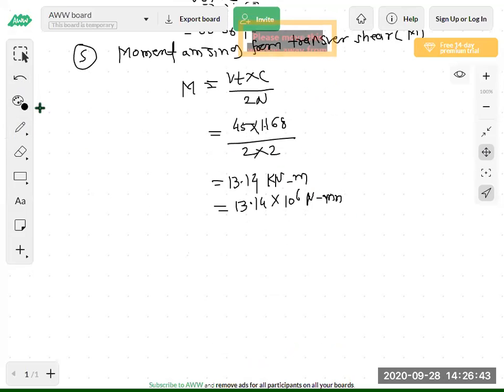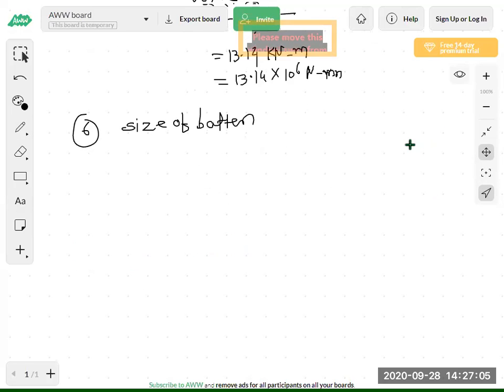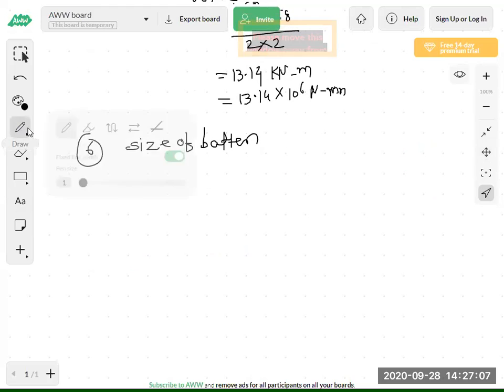Now number 6, design of, or size of batten, sorry, size of batten. For that we have to provide first the size of bolt.